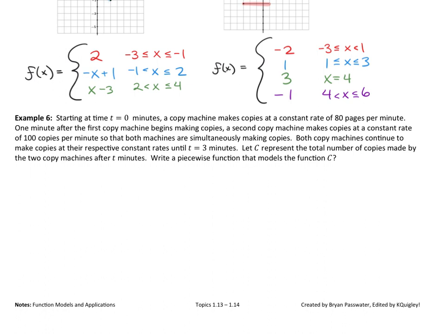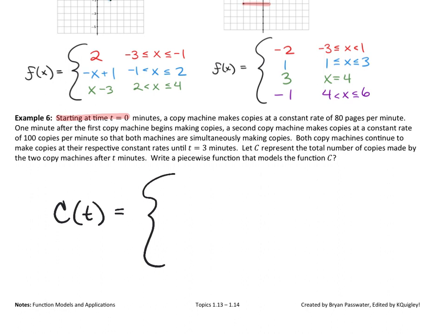Follow along with me. This one's going to be called C of t. C for copies, t for time. Those are the variables it gave me, so I need to abide by them. And we have 2 separate times that are going to happen, so I need 2 separate equations. Here's what I see. First, it says starting at time 0.